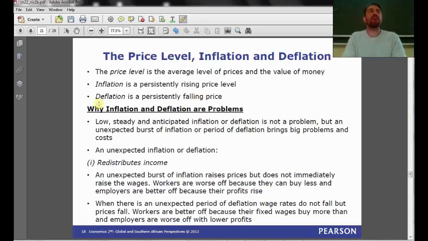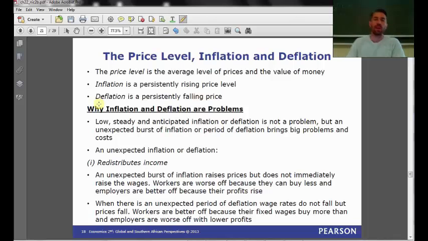So if the rate of inflation in South Africa at the moment is around 5.6%, I think, and next month it falls to around 5%, that does not mean that the price level is not rising. It just means that the price level is rising at a slower rate. You get the distinction?